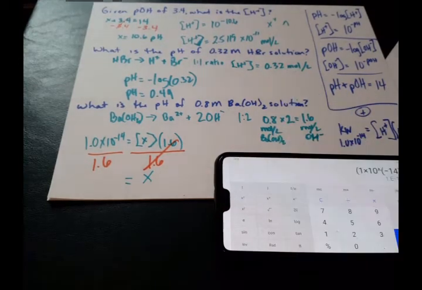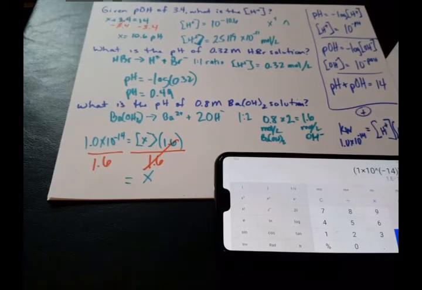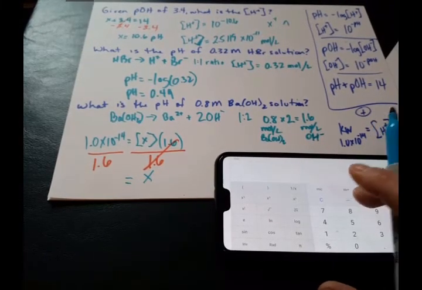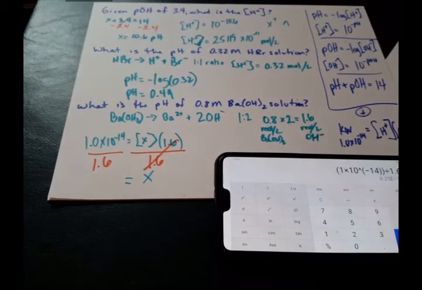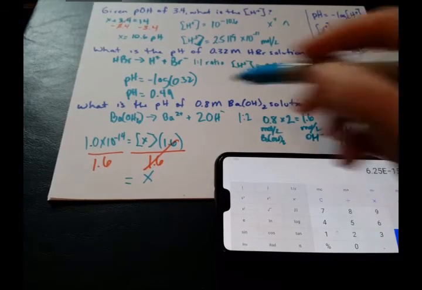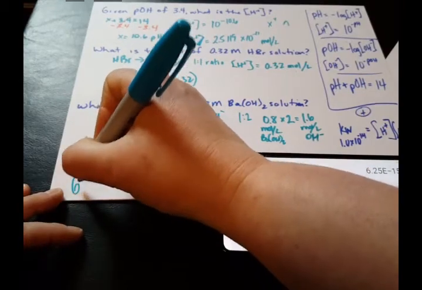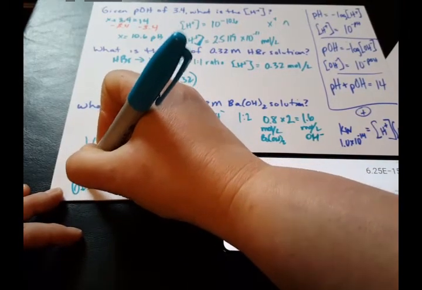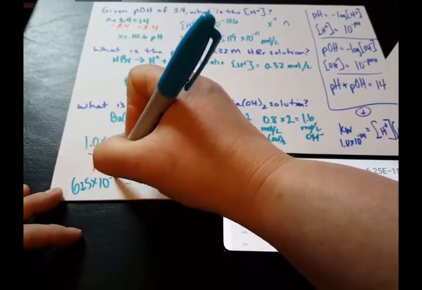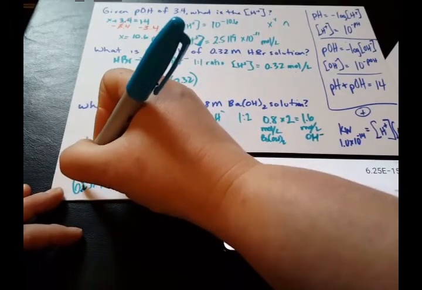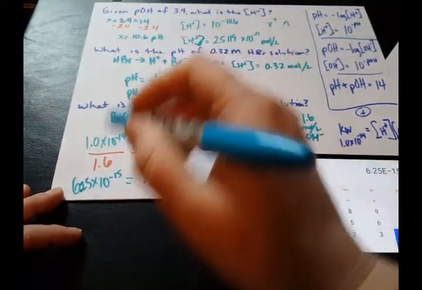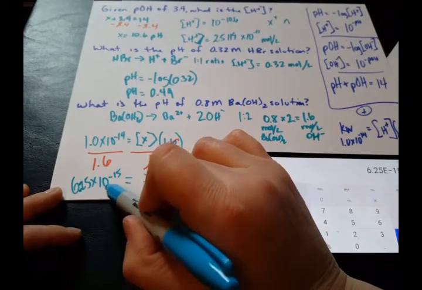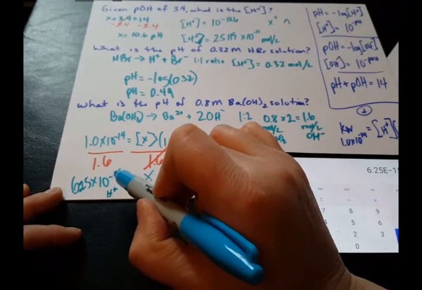So the first bracket closes off the negative 14. The second bracket closes off the 1 times 10 to the power negative 14. And now I'm going to divide by 1.6. So I get 6.25 times 10 to the negative 15. And this is H plus.